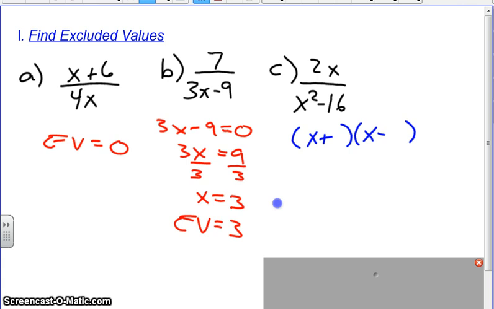What's the square root of 16? 4. Remember when you multiply this back, you end up with the outside and inside canceling, right? They're opposites. So what are the two values that would cause the denominator to be 0? Negative 4 and positive 4. Good. Plus or minus 4. Either of those would cause that entire denominator to equal 0.